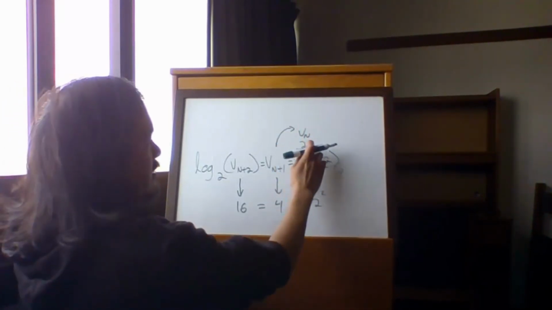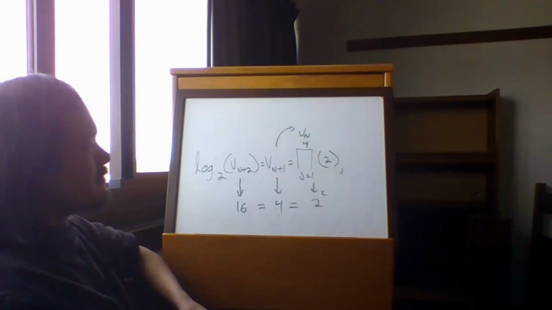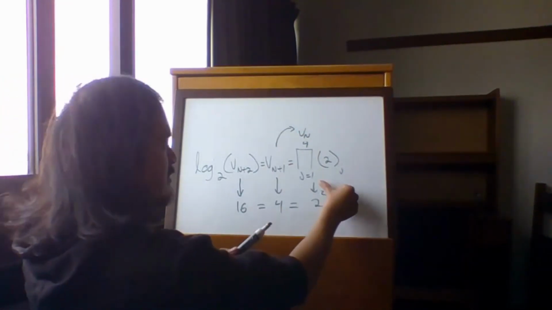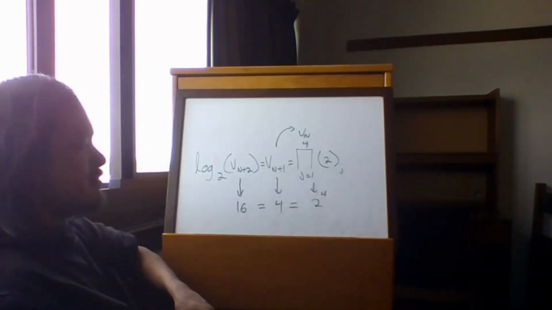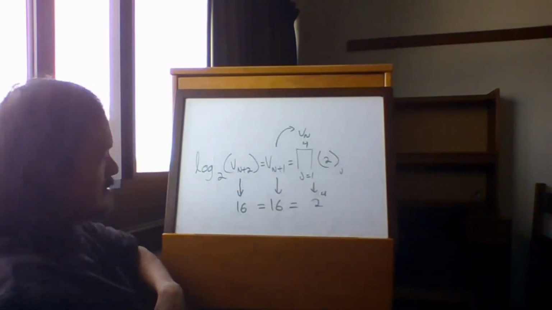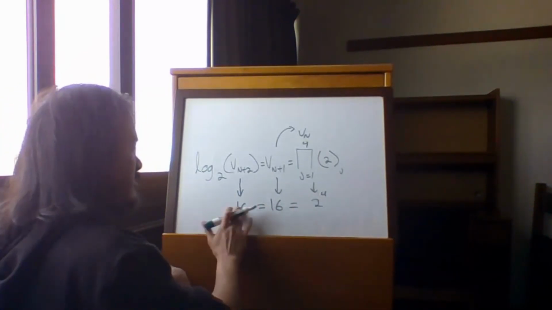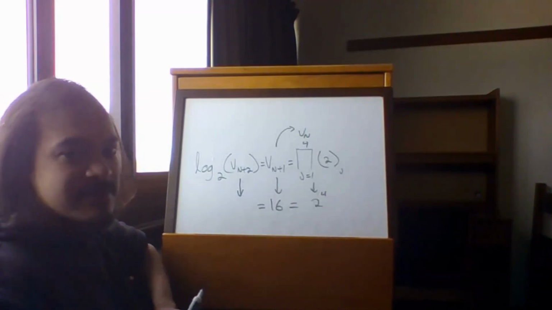Because the 4 goes here now, we don't have a 2, we have a 4. So 2 to the 4th power, well, this is 16 now. What's 2 to the 16th power? I'm telling you what, that's a big number.